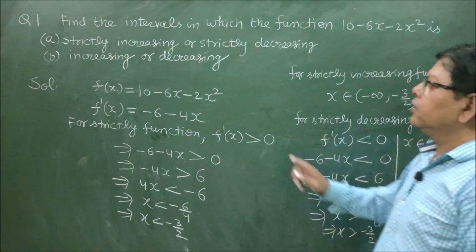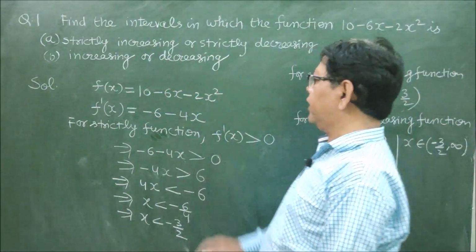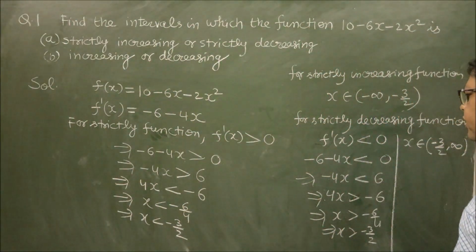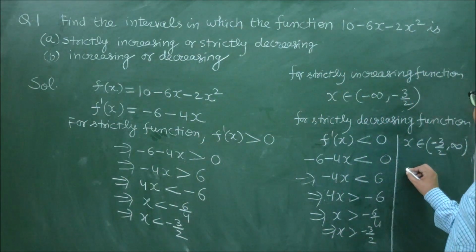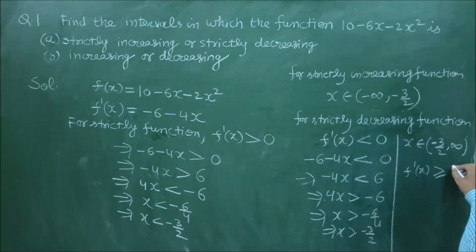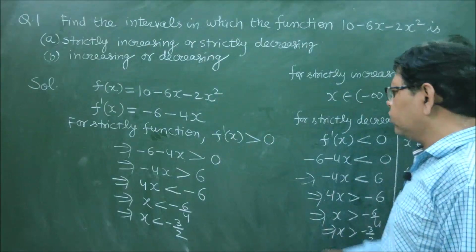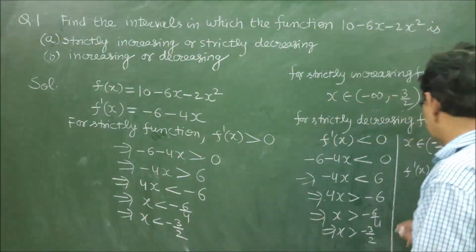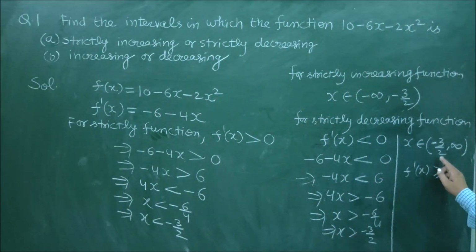Now for the second part, increasing or decreasing. So for increasing or decreasing function, f'(x) should be greater than or equal to 0. So this equality will give you just to include the point -3/2.